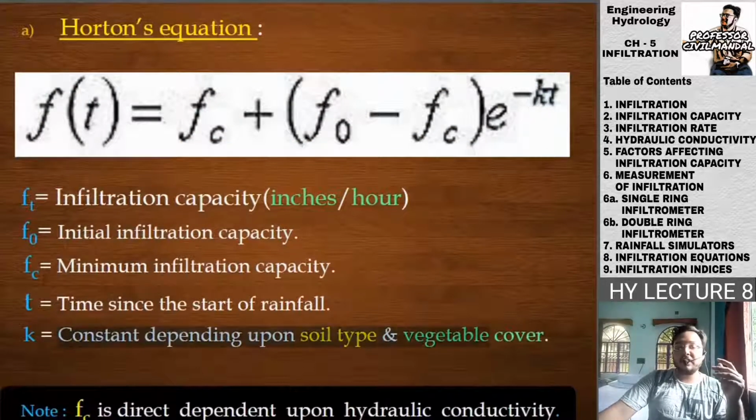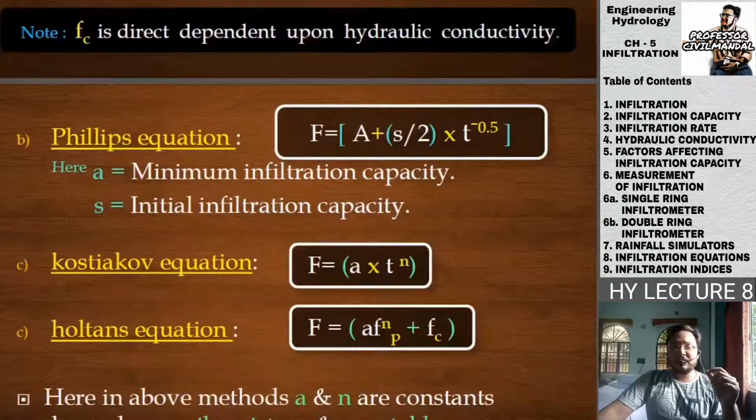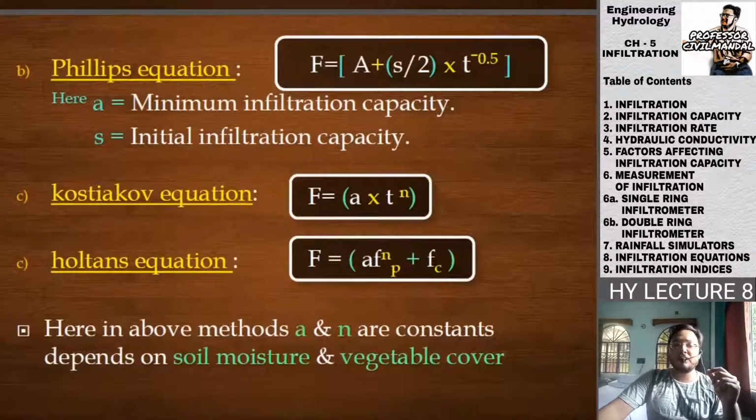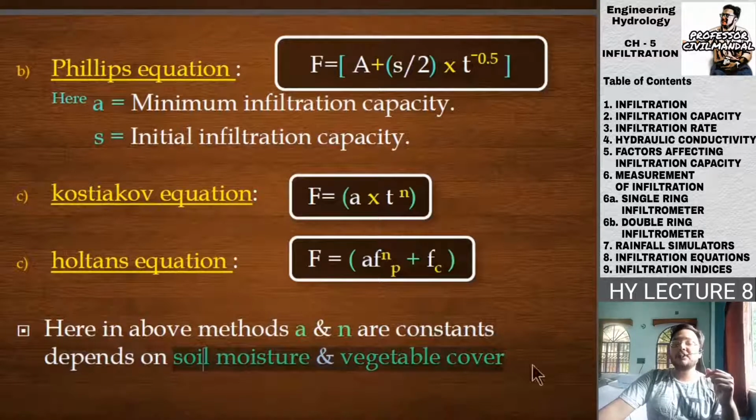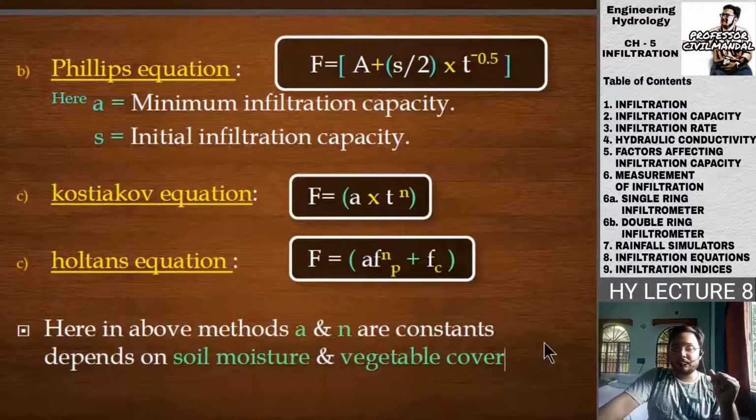In Horton's equation, k was the constant which depended upon the soil type and vegetable cover, and similarly in the Kostiakov and Holtan equations, a and n are two terms which depend upon the soil moisture and vegetable cover.